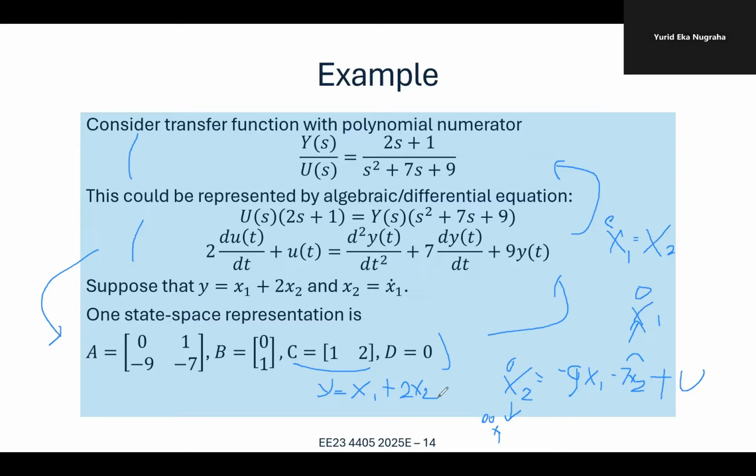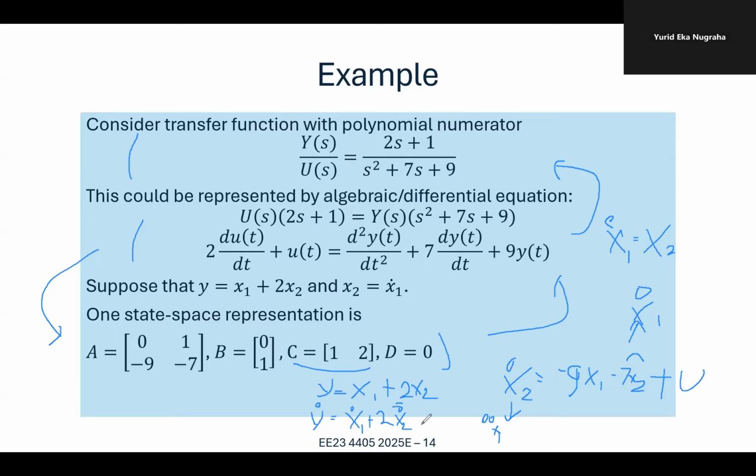And then y dot here is x1 dot plus 2 x2 dot. Because x1 dot is x2, we can also do y dot as x1 dot plus 2 x2 dot.